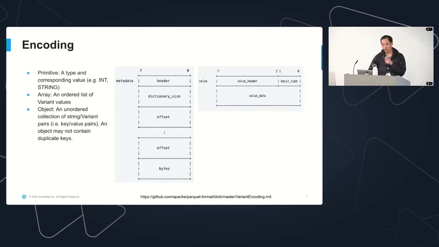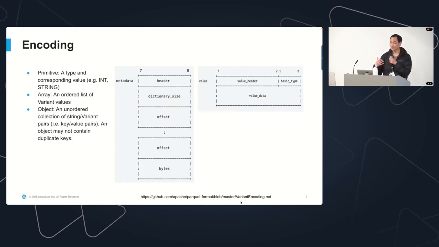For primitive types, each of them has a type code. For details, you can go to this link to find more information, but this is just a very high level introduction. We can store int or string in the value data.